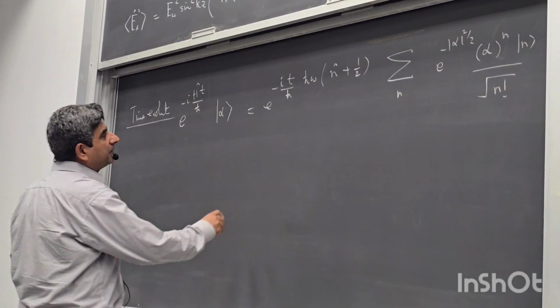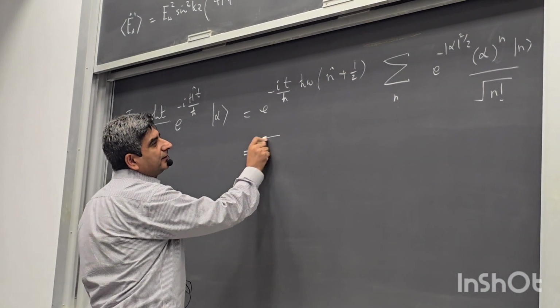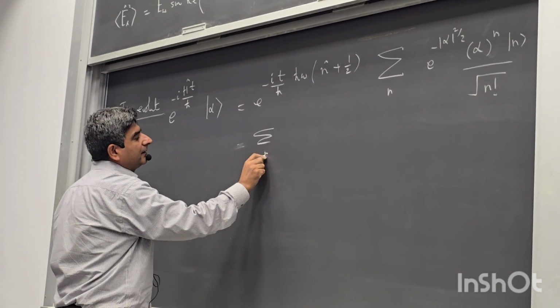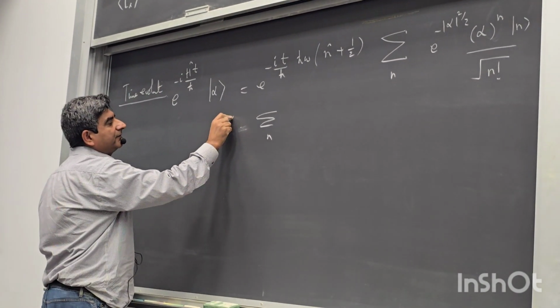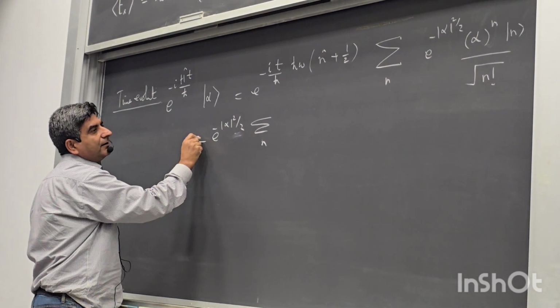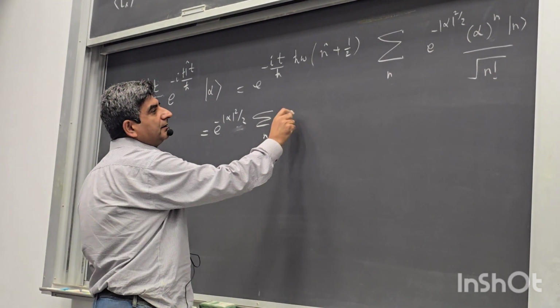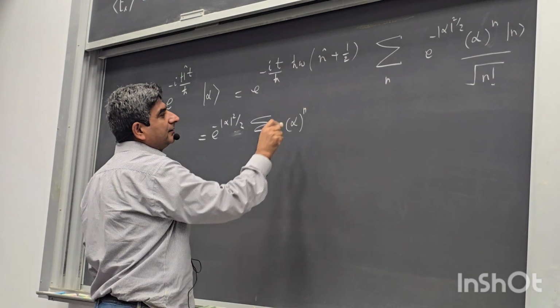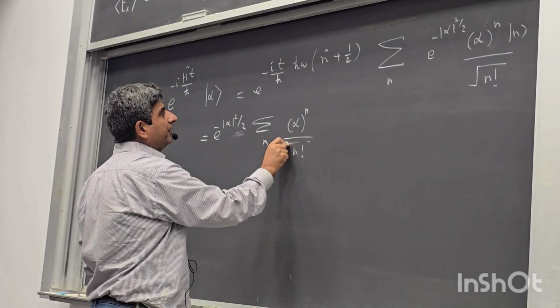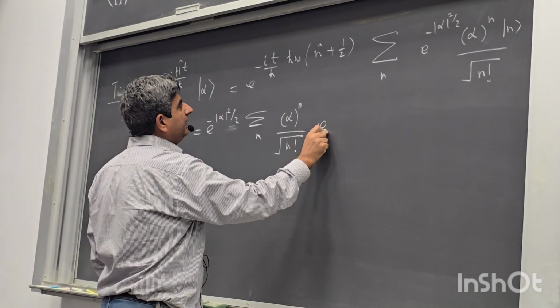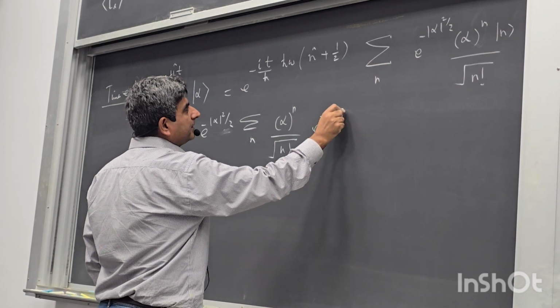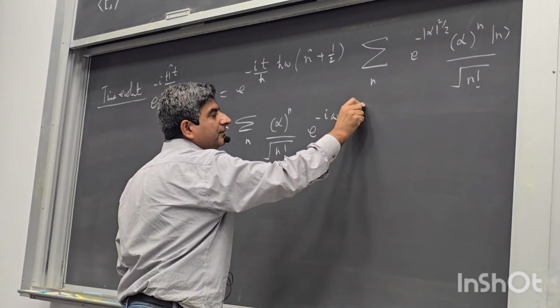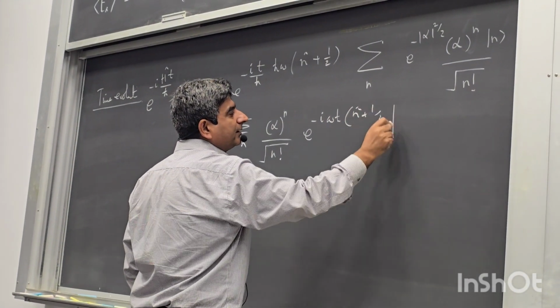So all in all, this becomes e to the minus alpha square over 2, alpha raised to power n over square root of n factorial, e to the minus i omega t (n plus half), ket n.